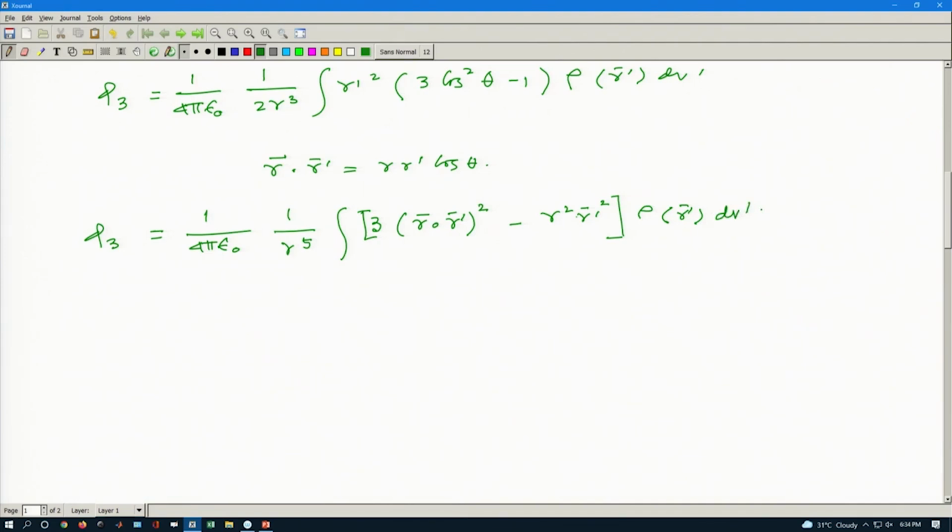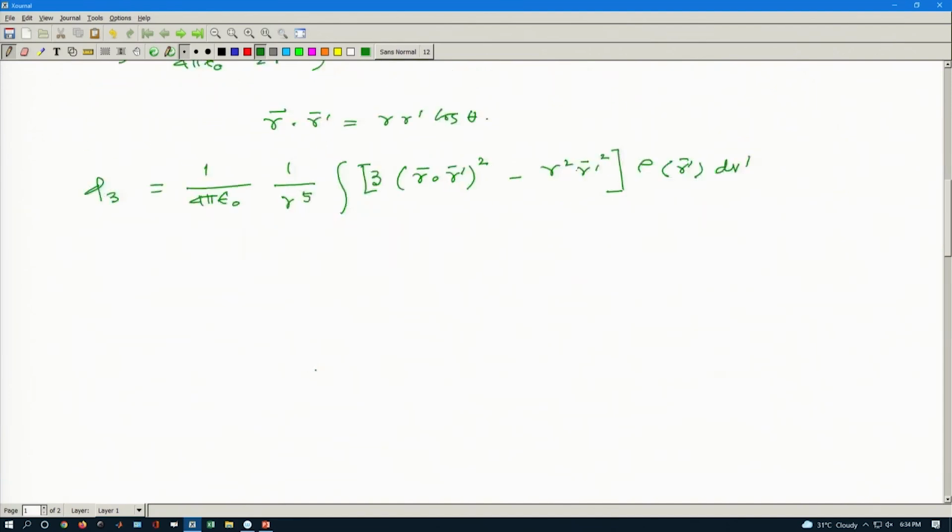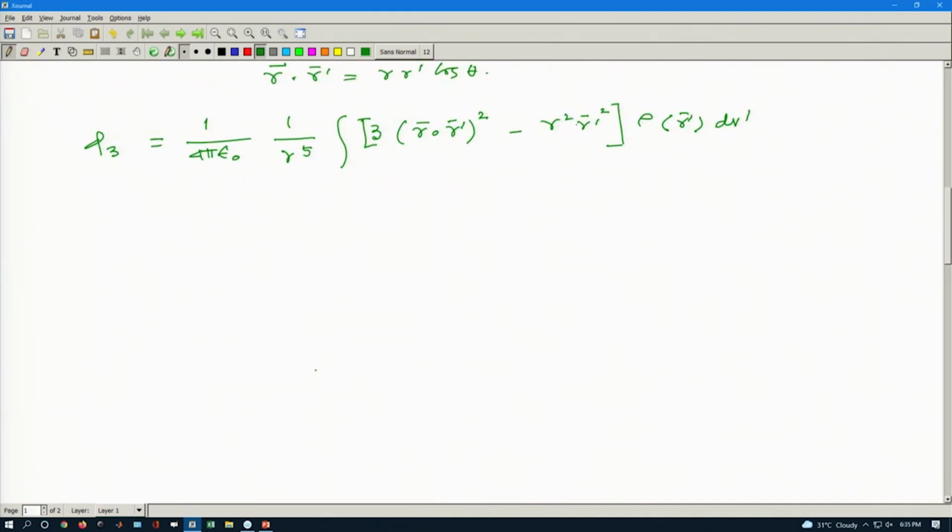Now I can define my quadrupole term, but before that let us try to understand what r dot r prime is.